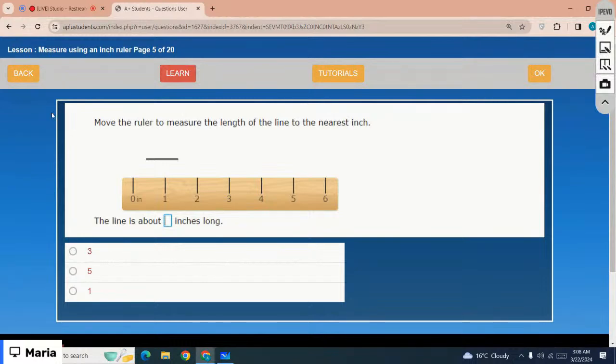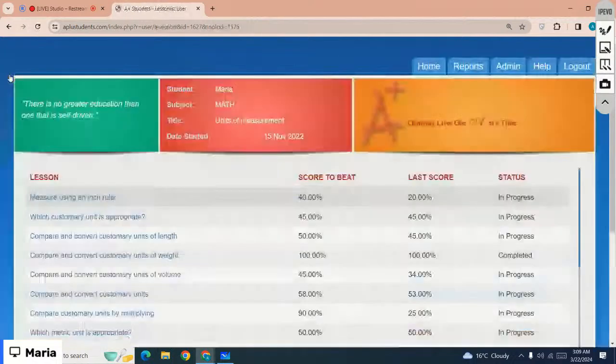You can complete the lesson by yourself later today. Let me move on to the next lesson. The next lesson is which customary unit is appropriate.